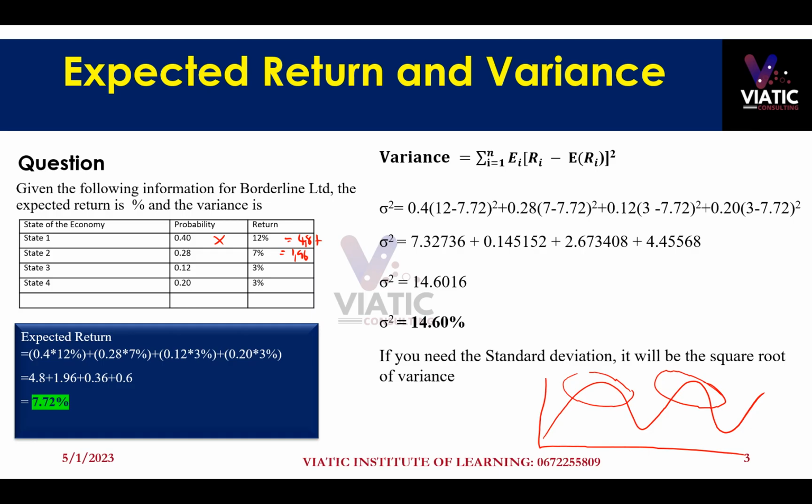Plus 0.12 multiplied by 3, they get 0.36. Plus 0.2 multiplied by 3, you get 0.6. Then you add everything here, you get 7.72 as the expected return.